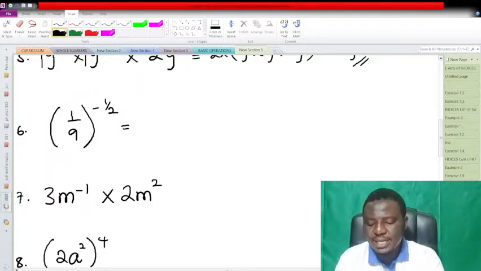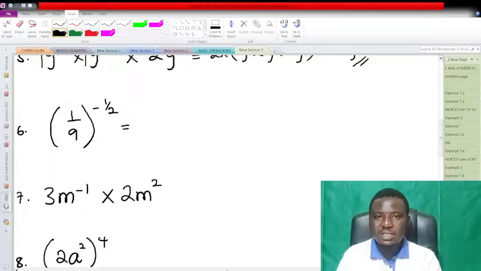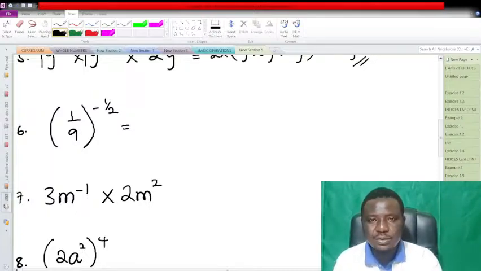So question 6, we have 1 over 9 all raised to the power of minus 1 over 2. Okay? And remember what I said concerning the negative power law, that if it's a fraction, you invert the fraction, and that eliminates the negative sign.